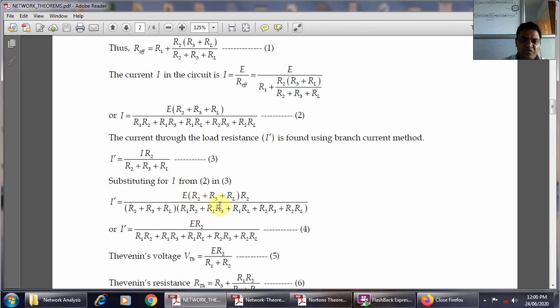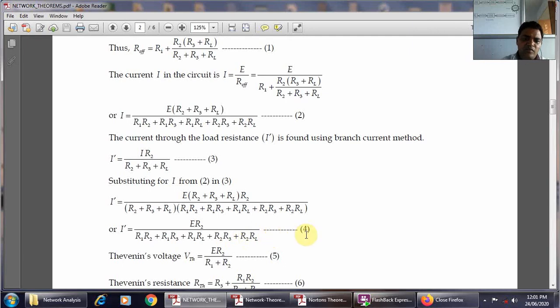The term R2 plus R3 plus RL in the numerator and denominator gets cancelled, and I dash is equal to E into R2 upon R1 R2 plus R1 R3 plus R1 RL plus R2 R3 plus R2 RL, in equation number 4.